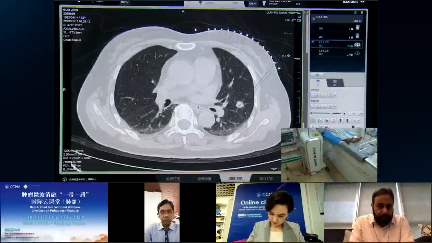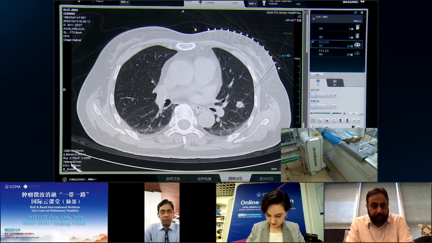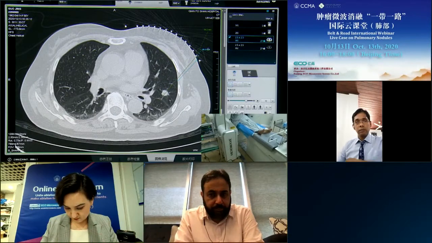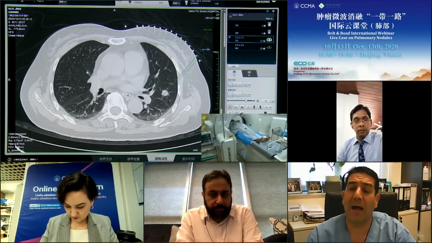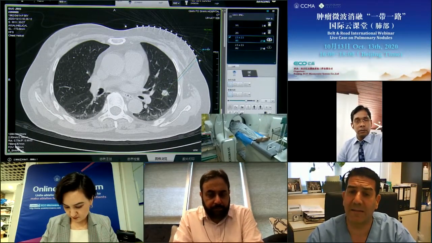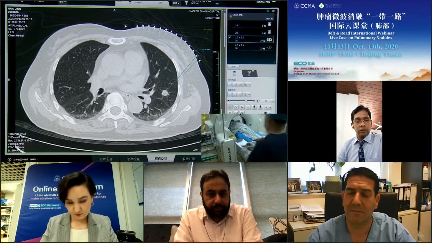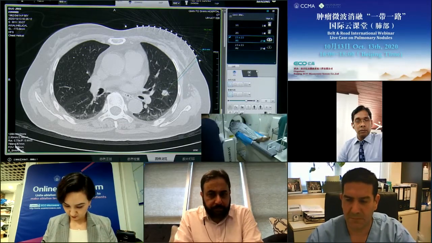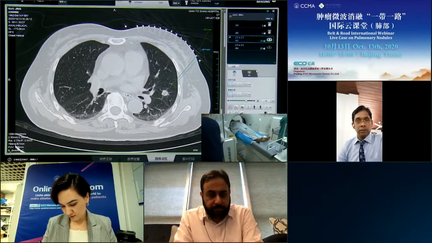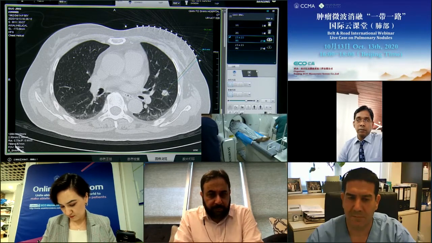We use local anesthesia with lidocaine. Apart from that, do you give any antibiotics? No antibiotics, because this lesion is small, so it's not necessary.